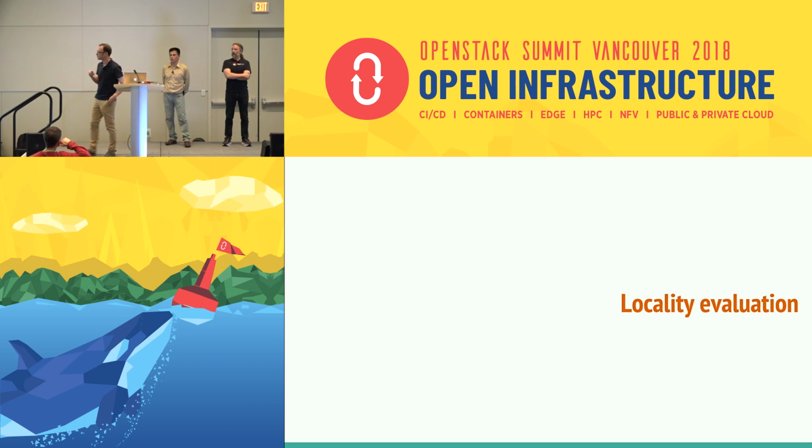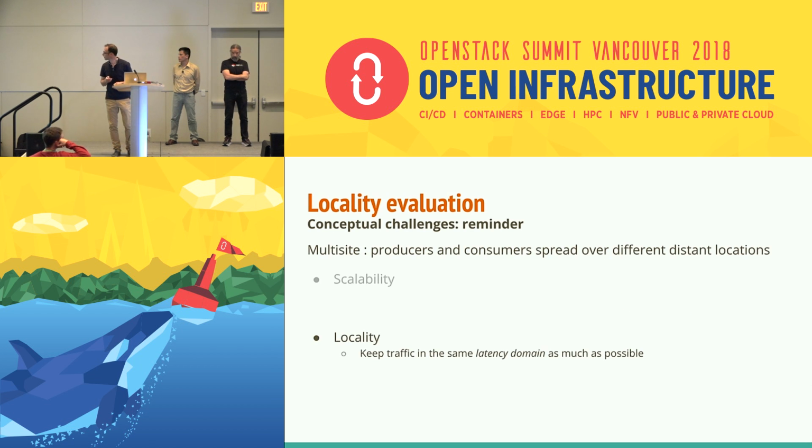So now in this part, we will only focus on the locality aspect of the message bus, not the scalability. And as a reminder, now we are going a bit more multi-site, meaning that producer and consumer are spread over different distinct locations. Locality, as a reminder, is trying to keep the traffic as local as possible in the same latency domain.